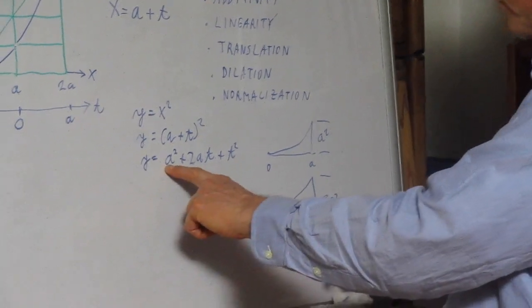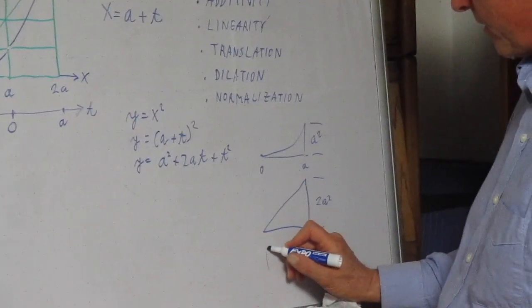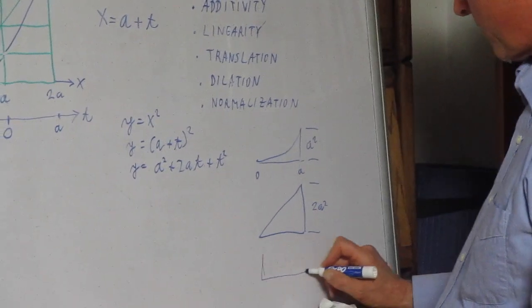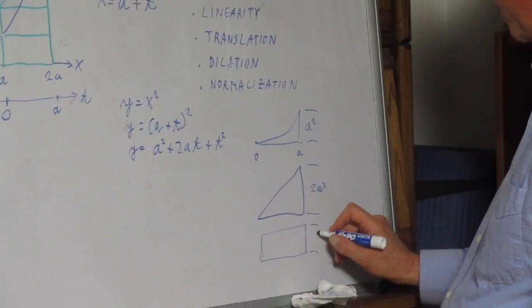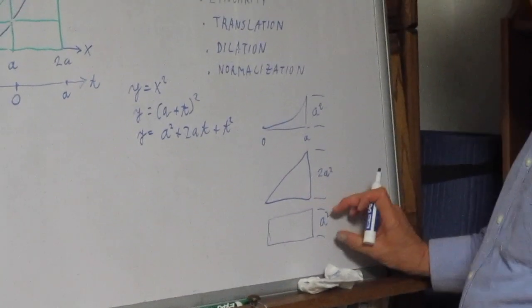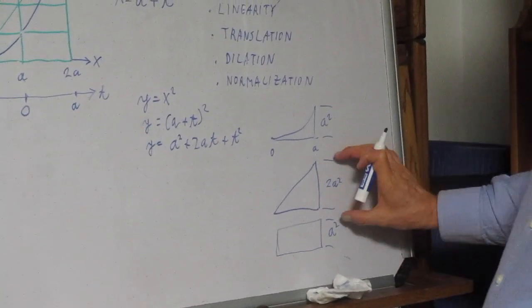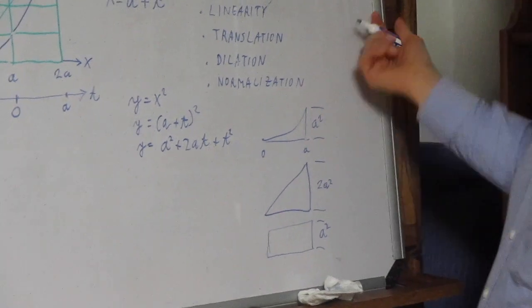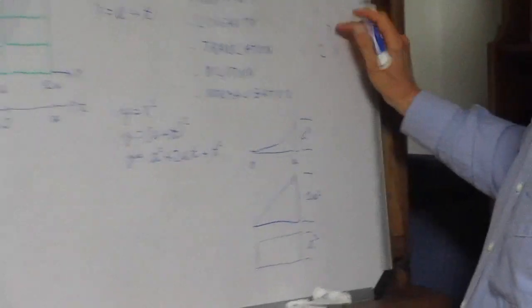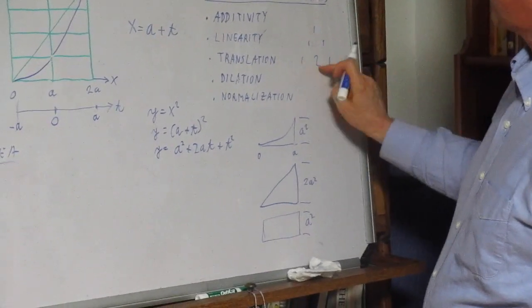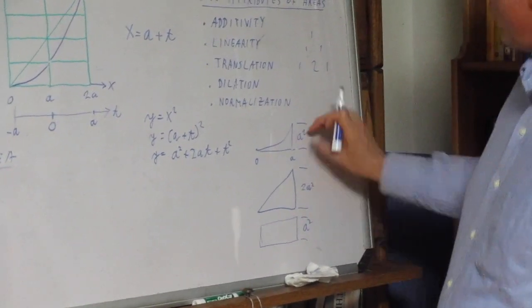And then what about this one? That's just a constant term, right? A squared. So you get 1a squared, 2a squared, 1a squared. Yeah, you've seen this in our famous Pascal 1, 2, 1. 1, 2, 1.